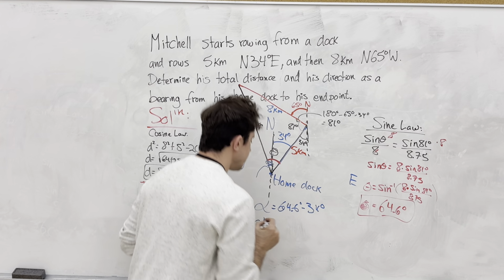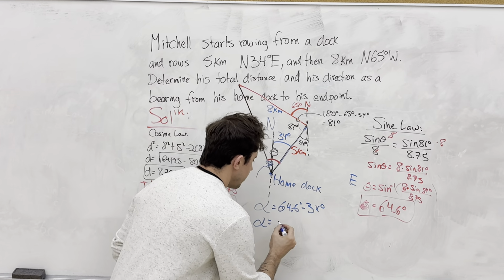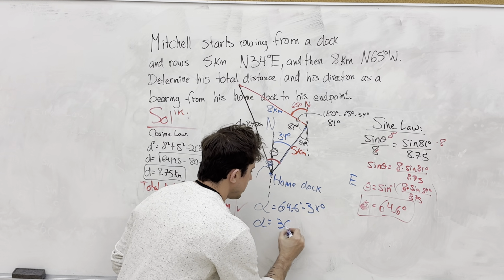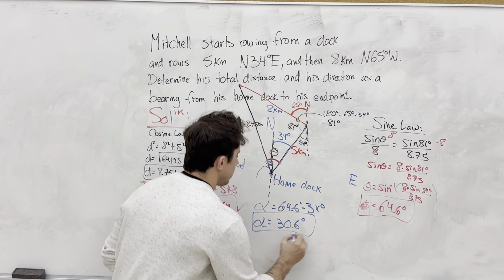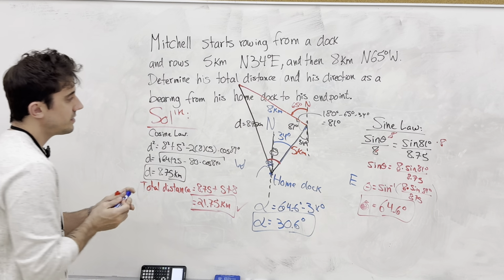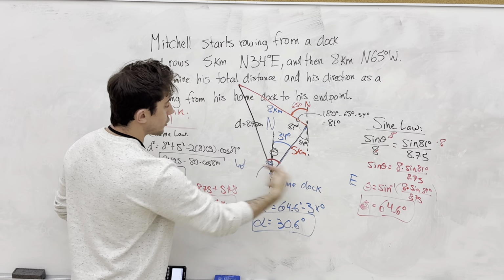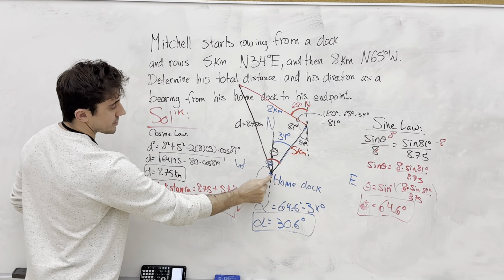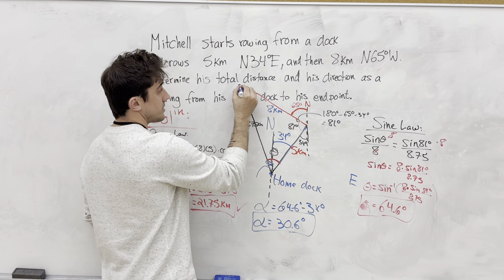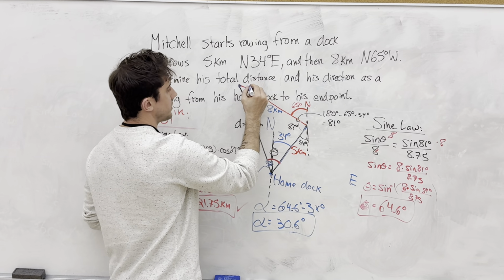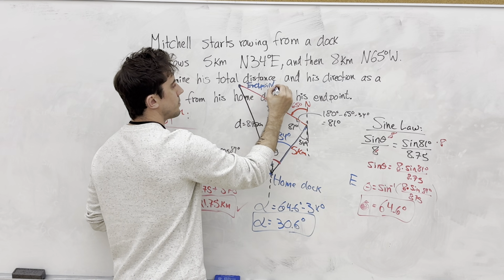And so alpha is the difference between those two, which is 30.6 degrees. And again, that's north, 30.6 degrees towards the west. That would take us from his home dock over to his endpoint. This is where he ends his rowing journey, at least as far as we know in this example.